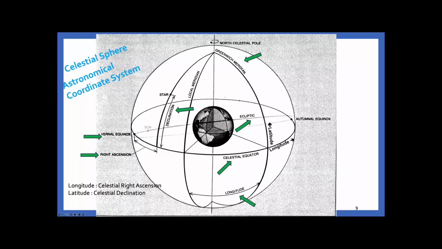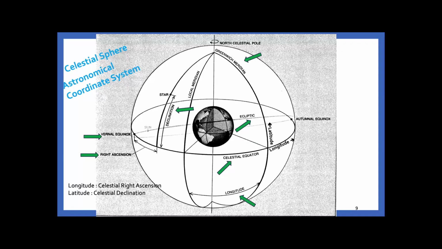Longitude is measured from the Greenwich meridian, latitude north and south of the Earth's equator. So a major part of navigation is relating where the stations are on the surface of the Earth to where they are in inertial space.